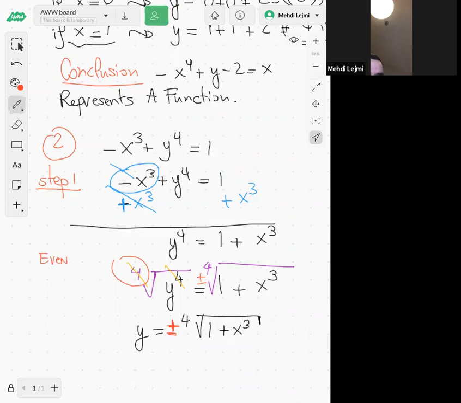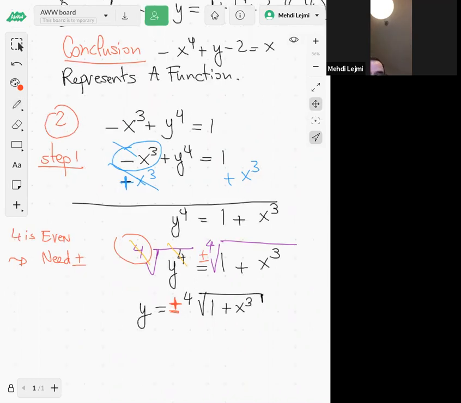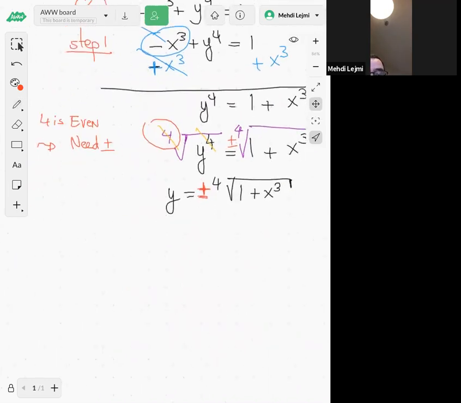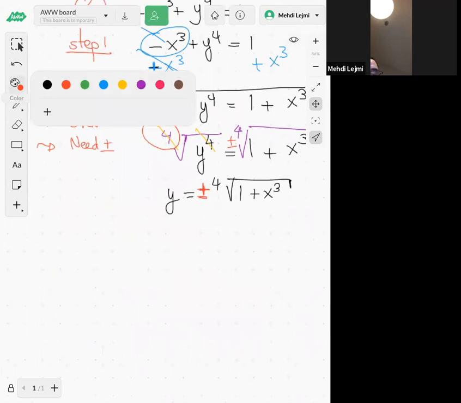So 4 is even, so we need plus or minus. Yes, absolutely. Power of y is even. So we need this plus or minus. Okay, and so now I can move to the next step.